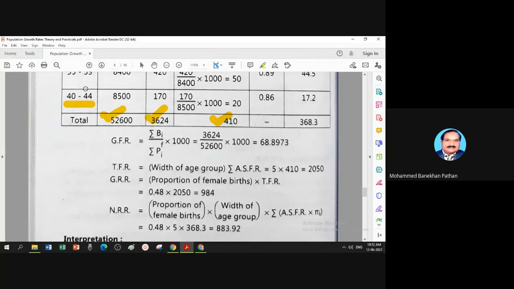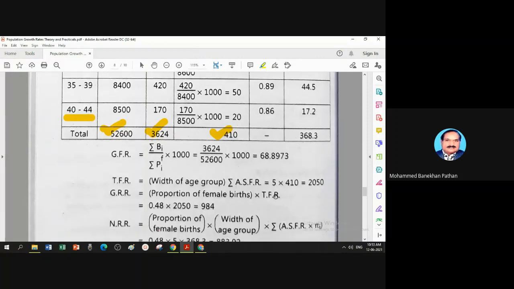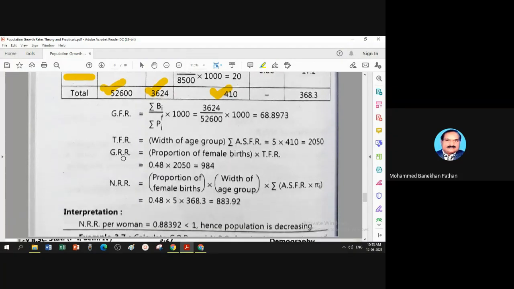This is an inclusive type of classification. Both numbers are included. 40 to 44, there are 5 years. So this is your TFR. GRR, gross reproduction rate. Formula is proportion of female birth given in the question multiplied by TFR. Answer is 984.